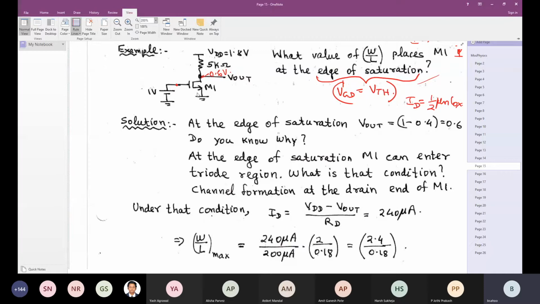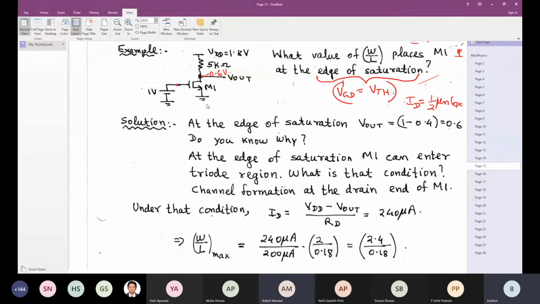As it takes in more and more current, what happens to this voltage? It's going to reduce. If it reduces, what happens to the mode of operation of the transistor? It gets into saturation.